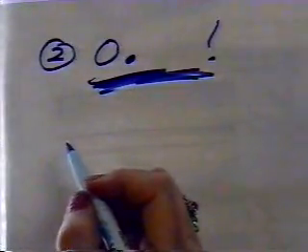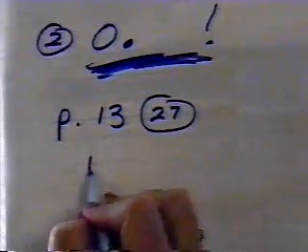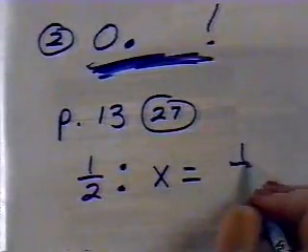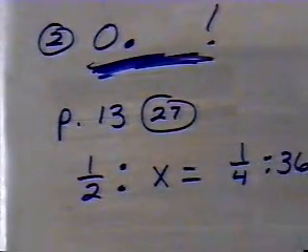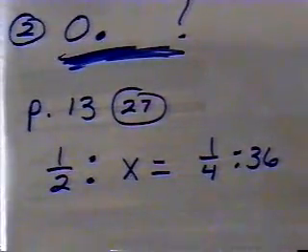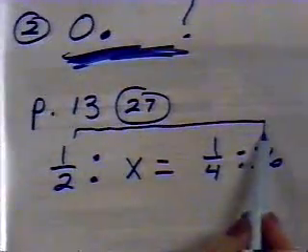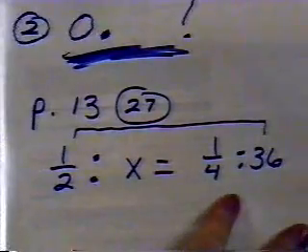Another problem that will give you trouble is going to be like on page 13, number 27. This was where we had the ratio that had a fraction in it. This problem, when you multiplied the outside, you multiply 1/2 times 36.